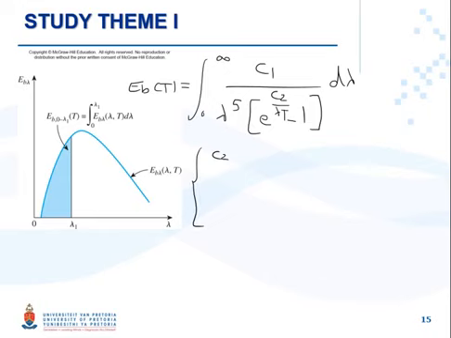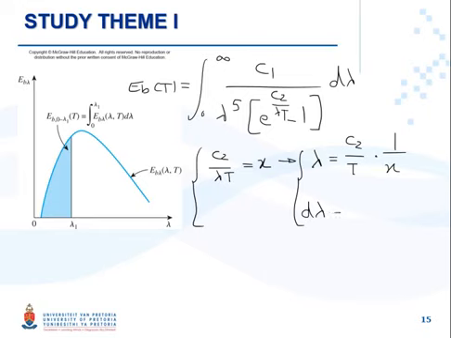If we assume that C2 over lambda T is equal to x, what we get is that lambda will be equal to C2 over T times 1 divided by x, and d lambda will be minus C2 over T times 1 over x squared dx.